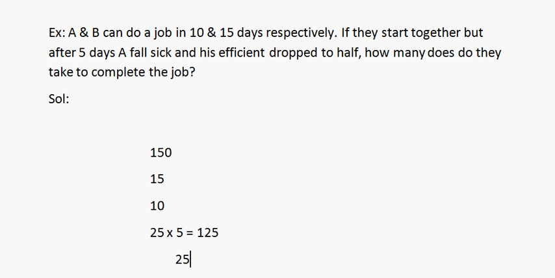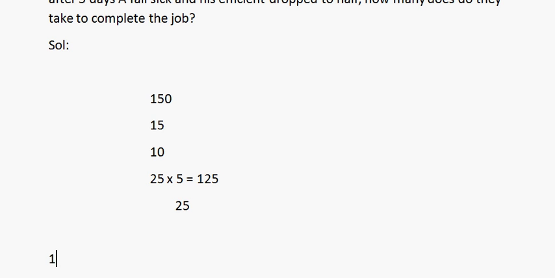Now A's efficiency drops to half, right? Which means initially A was doing 15 units, now he would be doing 7.5 units, right? So in one day A and B together would be doing 10 plus 7.5, which is equal to 17.5 units.